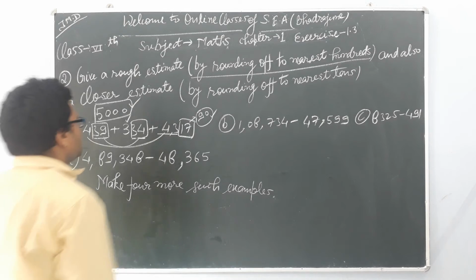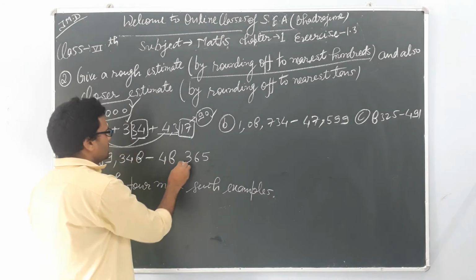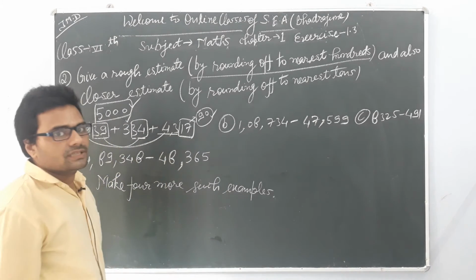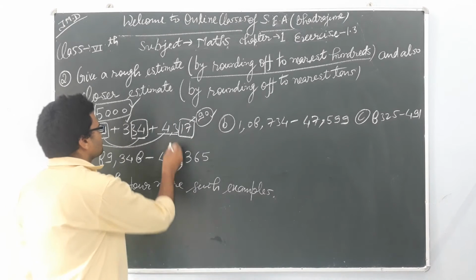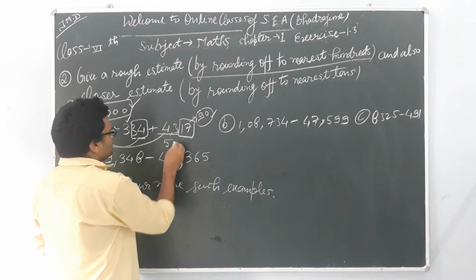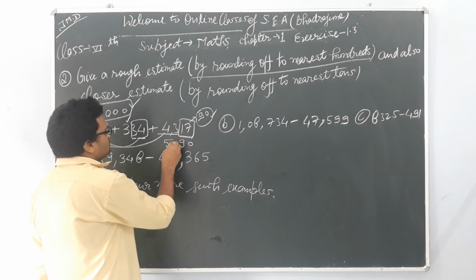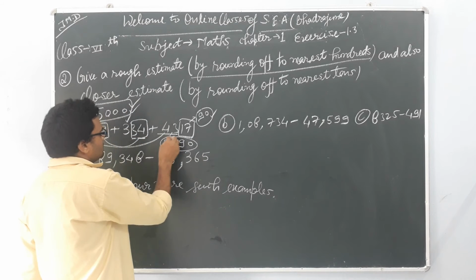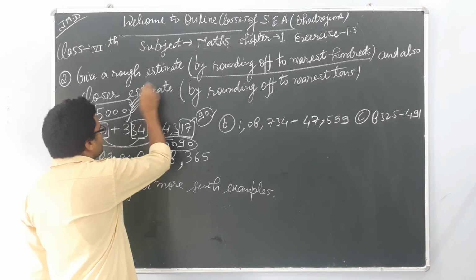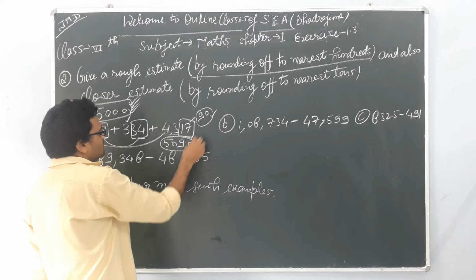After adding these two, what we will get is 5090. Our first answer is 5000 and our second answer is 5090.